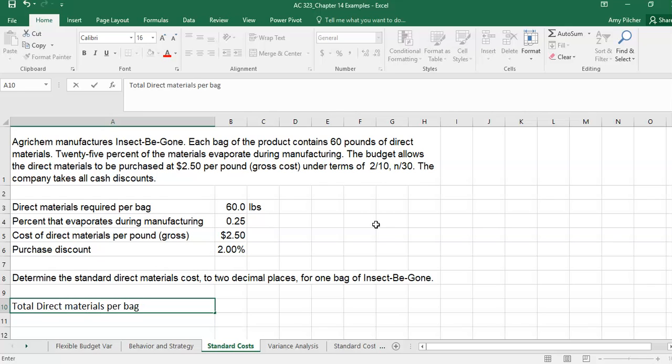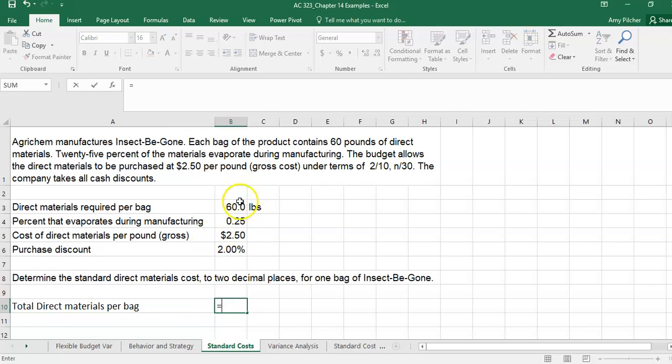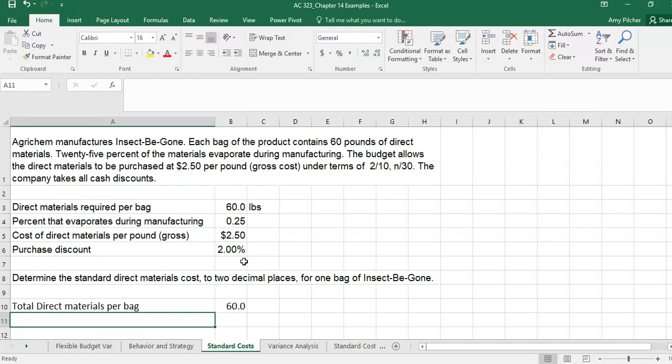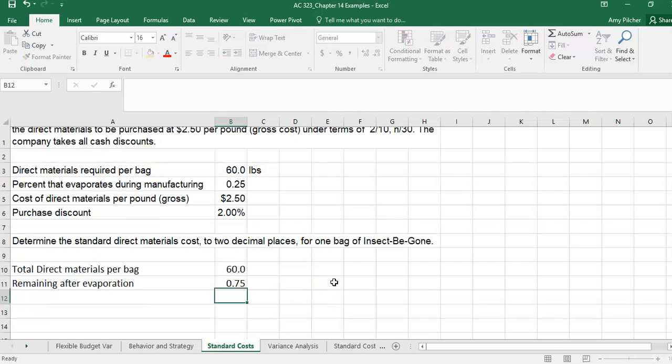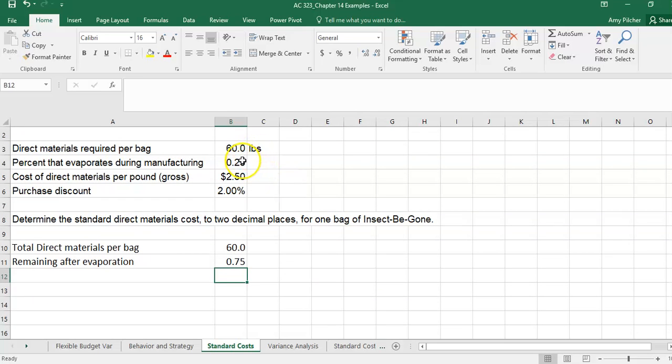So we'll have our total direct materials per bag at 60 pounds. We have remaining after evaporation. So that's 0.75 because 25% evaporates. We have 0.75 available after evaporation.